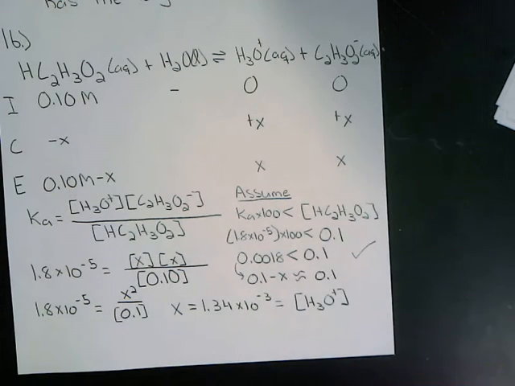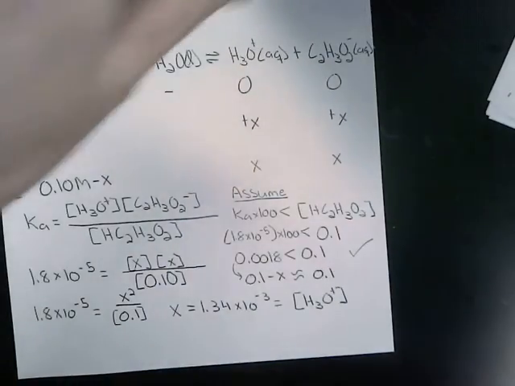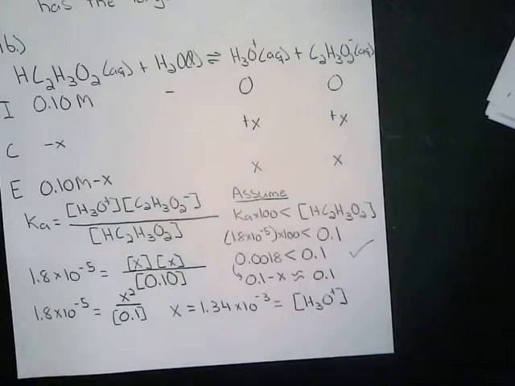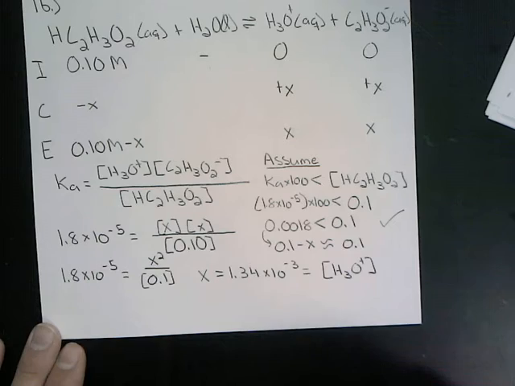All right, so now percent ionization is the amount of original weak acid ionized. So the amount of ionized weak acid is shown here as this value of 1.34 times 10 to the negative third. So what we can do here is this.